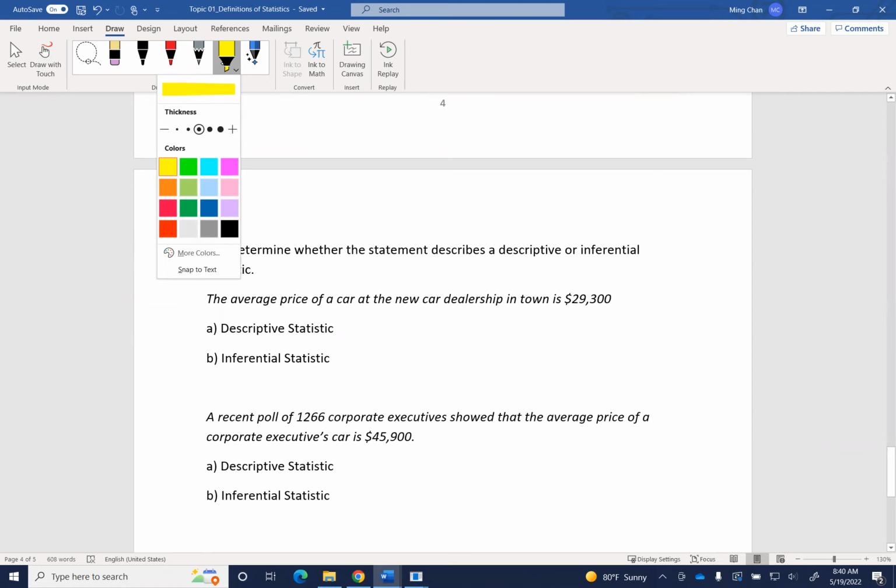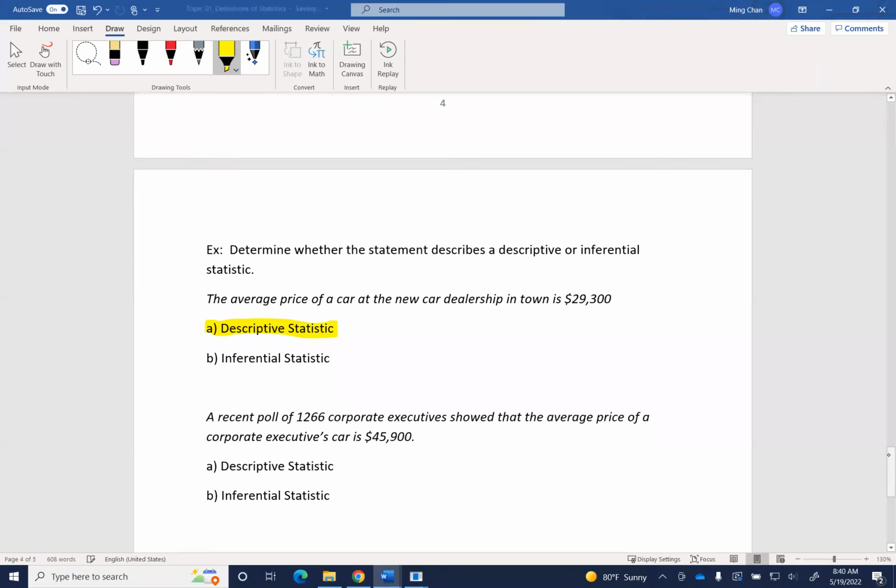So you have to think: am I taking this number and trying to say that all cars, the average car, is 29,300? No, I'm not saying that. I'm just saying that here's a new dealership in town, and the average car price at that dealership is 29,300. So that would be a descriptive statistic.